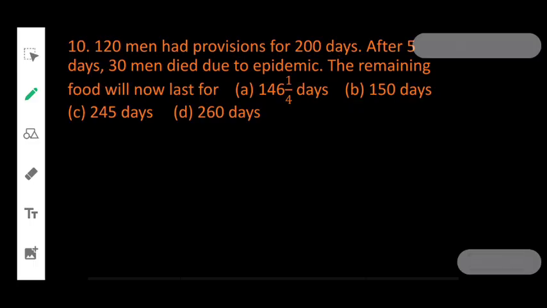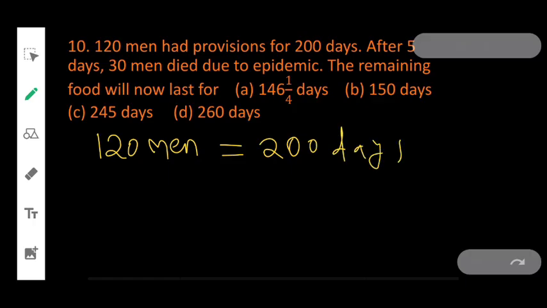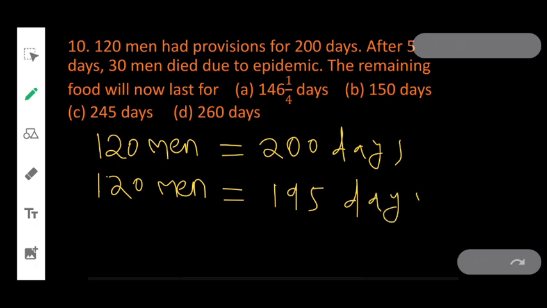So 120 men had provision for 200 days. So after 5 days, 120 men had the provision of 195 days. Clear? Now, after 5 days, 30 men died.